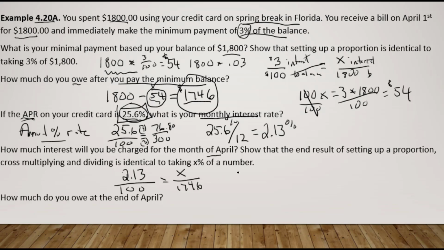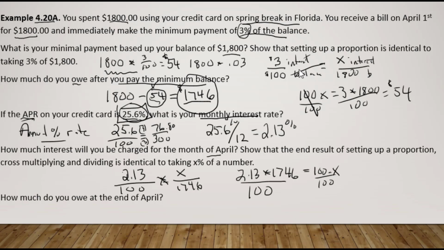So I cross multiply here and I get 2.13 times 1746 equals, cross multiplying, 100 times x, divide both sides by 100, put that in our calculator, put it on pause, and I'm getting 37.19.